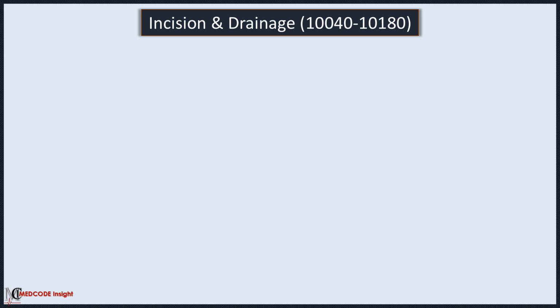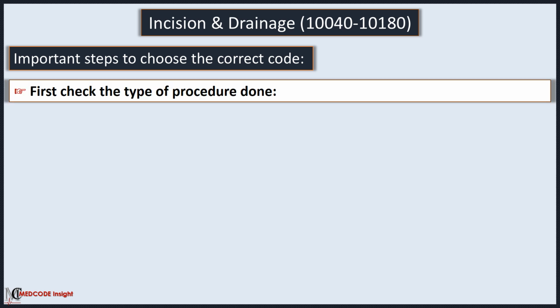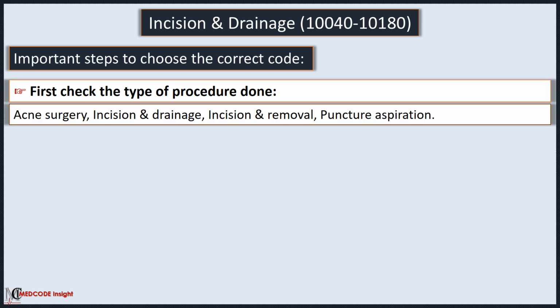Now let's focus on an important step: choosing the correct code within a minute. When selecting a code from the incision and drainage topic, the first step is to determine the type of procedure performed, whether it is for acne surgery, incision and drainage, incision and removal, or puncture aspiration.